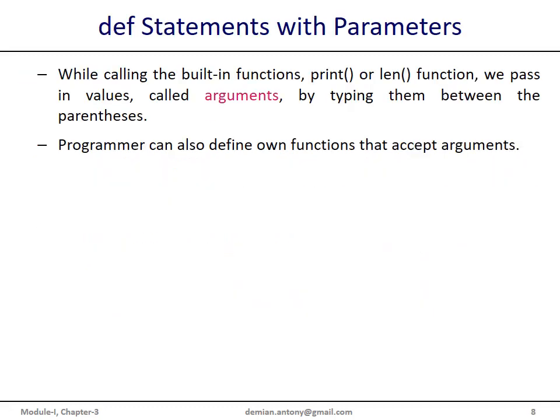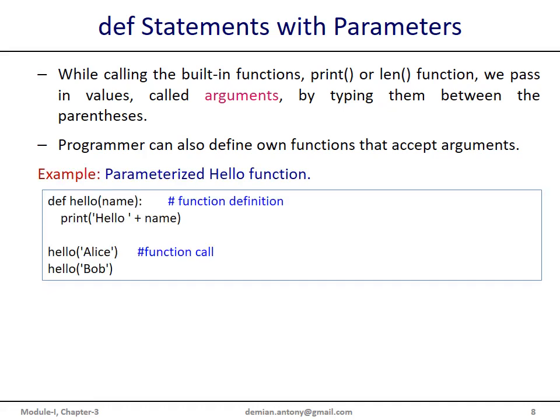Like built-in functions, we can also define custom functions. It means the programmer can define functions that accept arguments. Let us take up an example. In this example, we define a function called hello, which takes the parameter name.